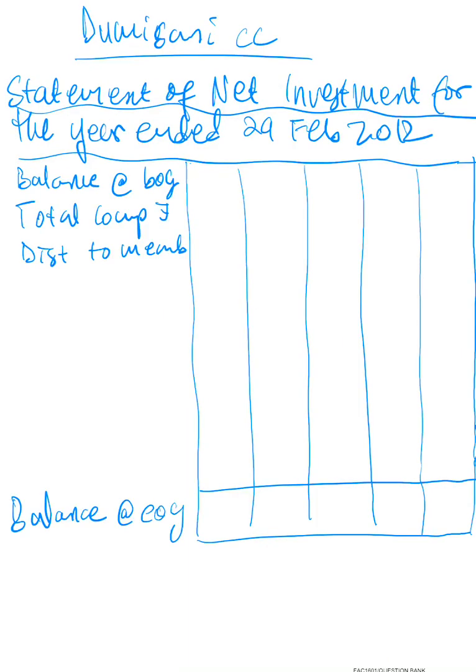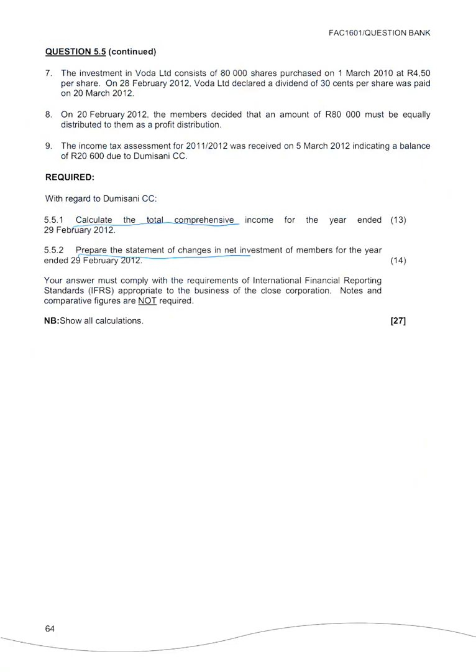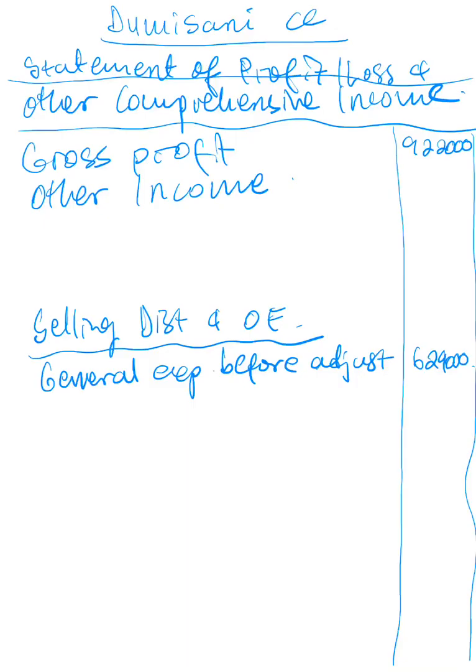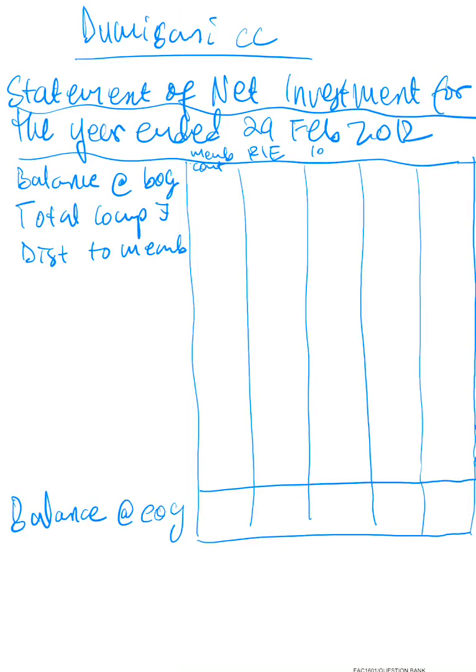So balance at the beginning of the year. Oh, I didn't write the name of the accounts. So this is the members' contribution. Then I put my retained earnings. What else did we have? We had loan from, let me write it neatly.